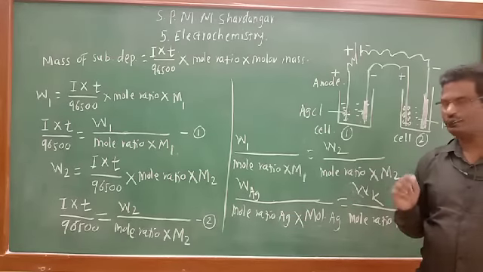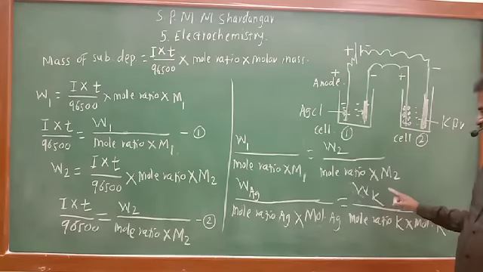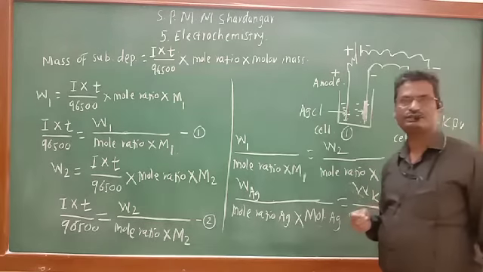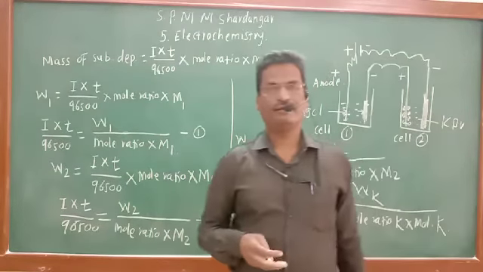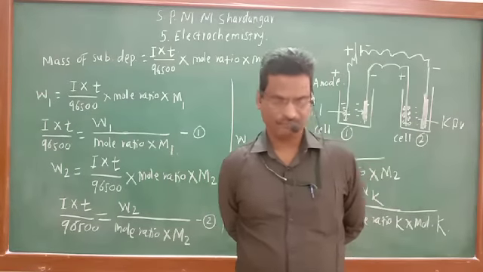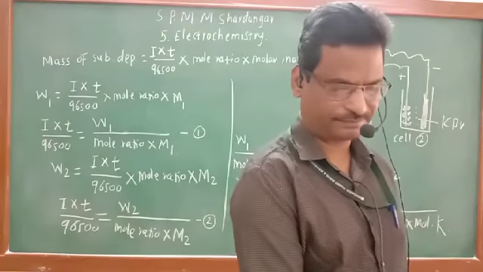Or if we know the mass of silver deposited, we can calculate the mass of potassium deposited at the cathode. In that manner, instead of one solution, if two electrolyte solutions are electrolyzed, the masses of the substances deposited or evolved at the cathode and anode can be calculated simultaneously.